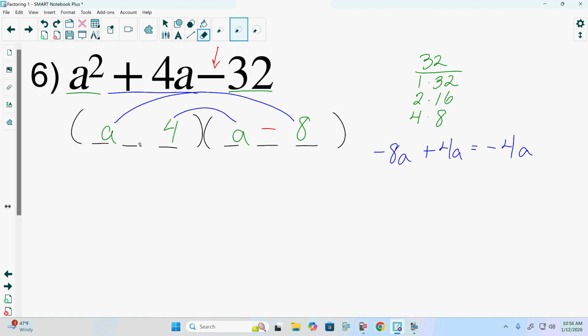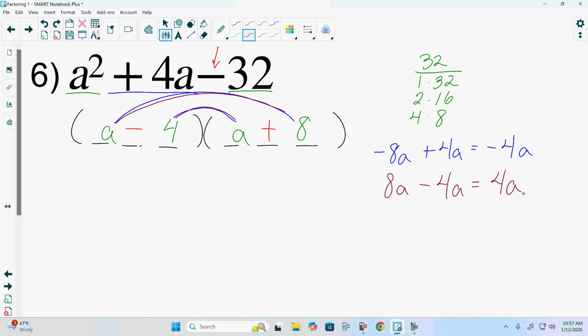If we get the correct number but wrong sign, flip the signs. Because if I switch them, we now have a times positive 8, which gives us positive 8a. Negative 4 times positive a is going to be now negative 4a. And 8a minus 4a is positive 4a, like we wanted.